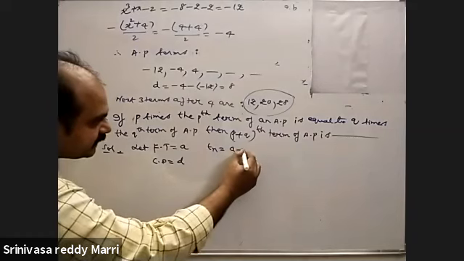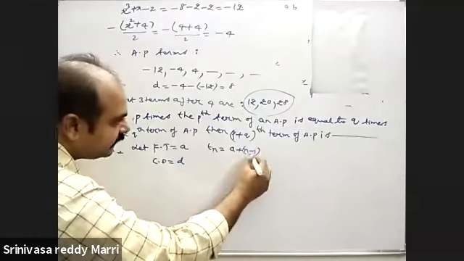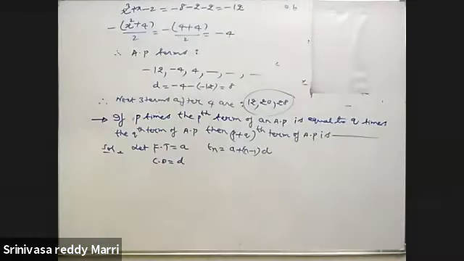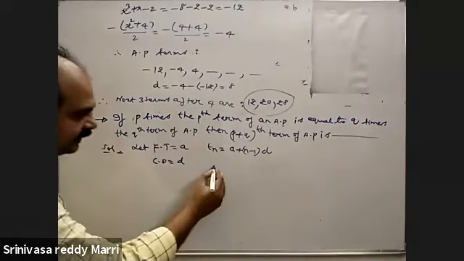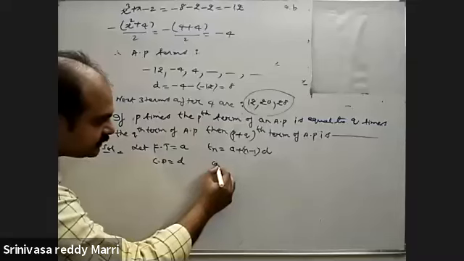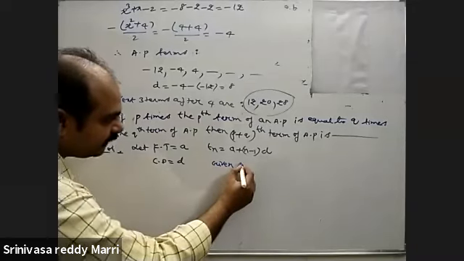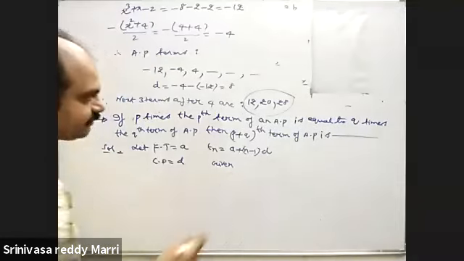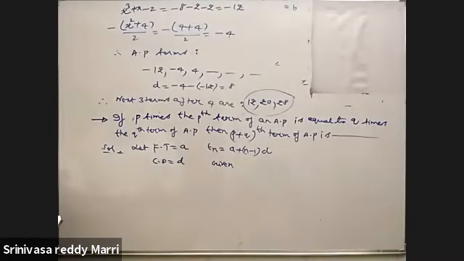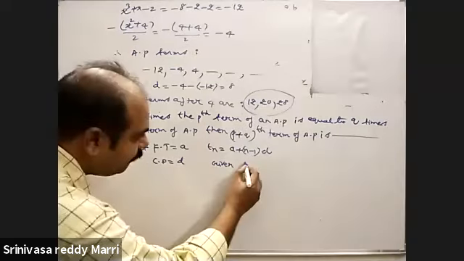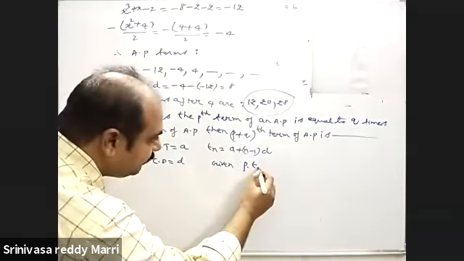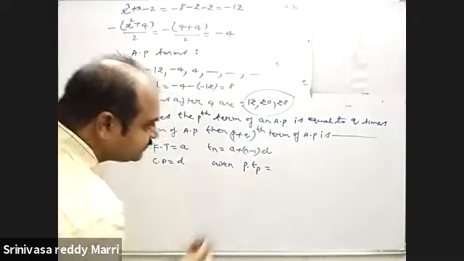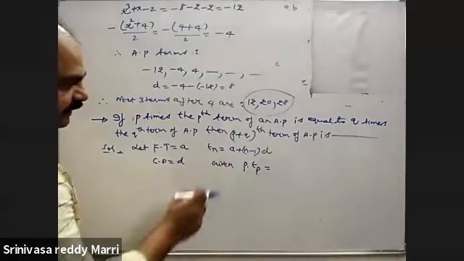The nth term is nothing but A plus n minus 1 into D. Given P times the pth term, let us say the pth term is TP.